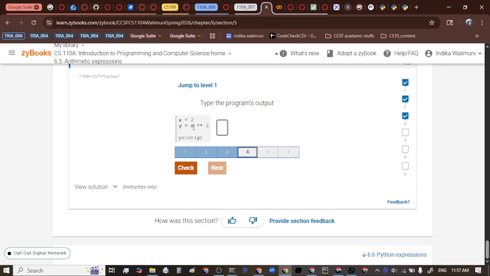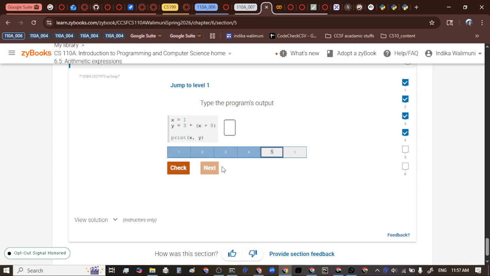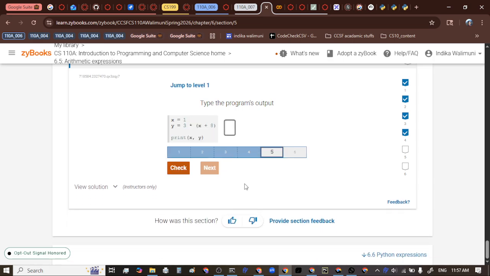So this is 2 to the 2, so this should be 4. Okay, this one. What's the answer? This one is obvious. We first do x plus 8, that's going to be 9. Why do we do this first?